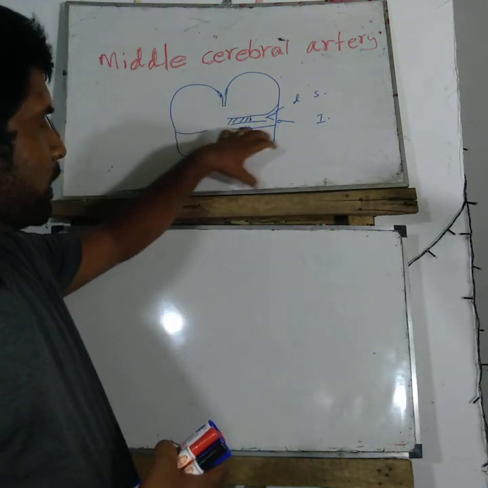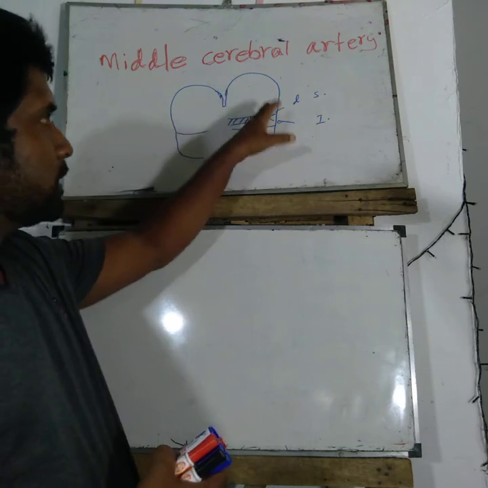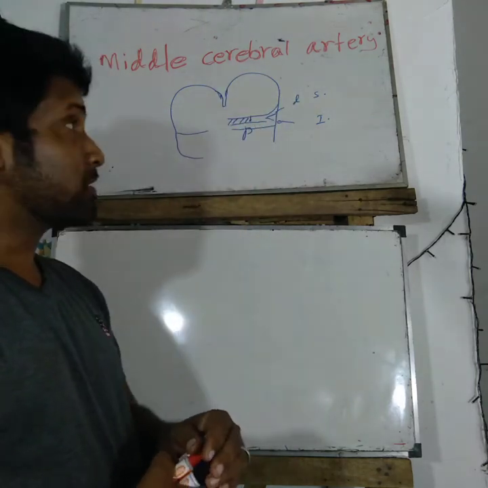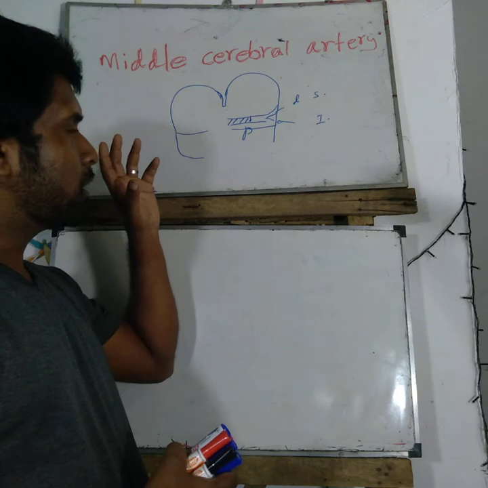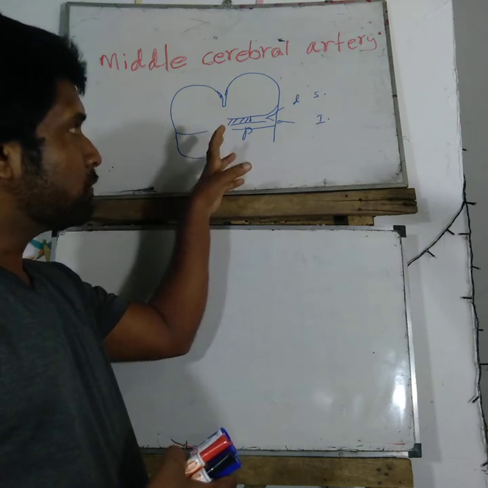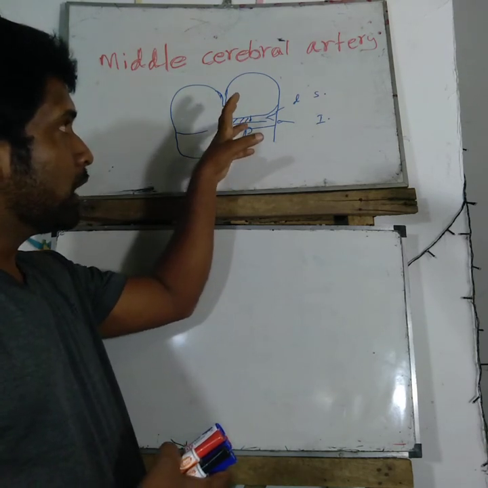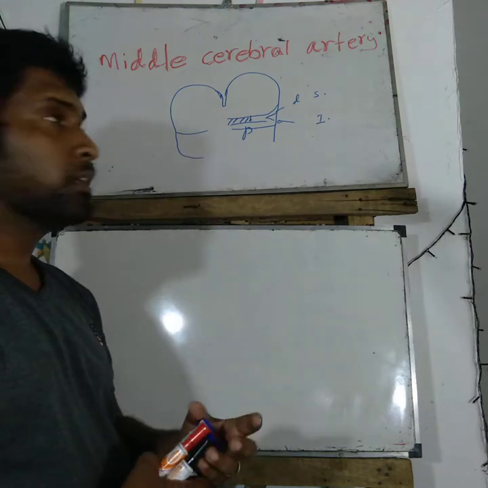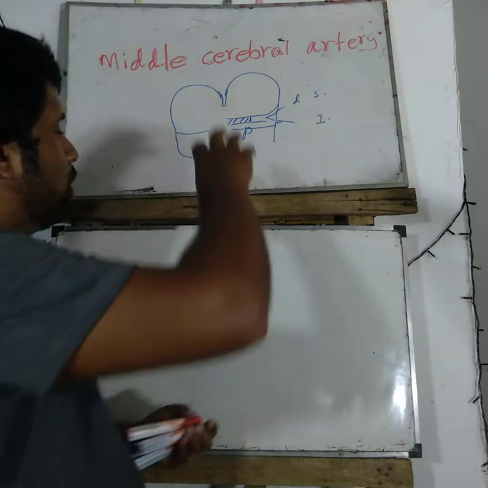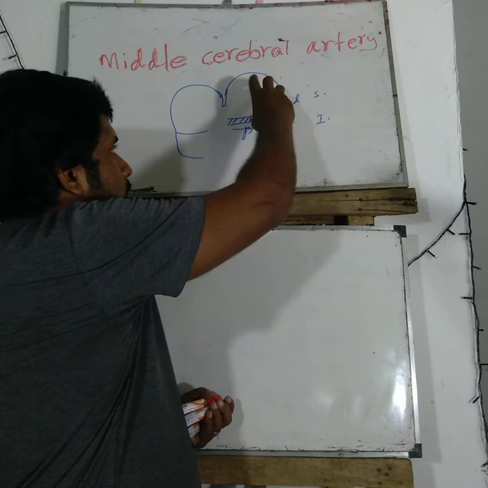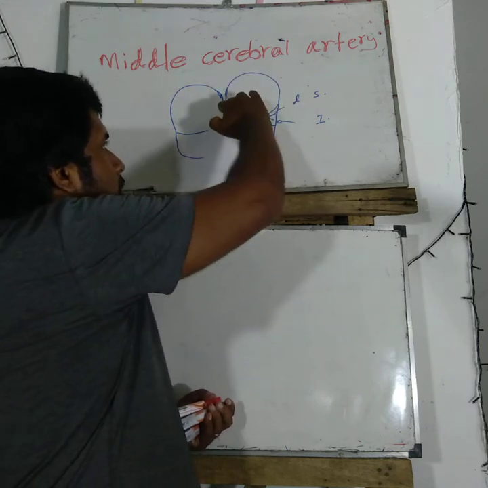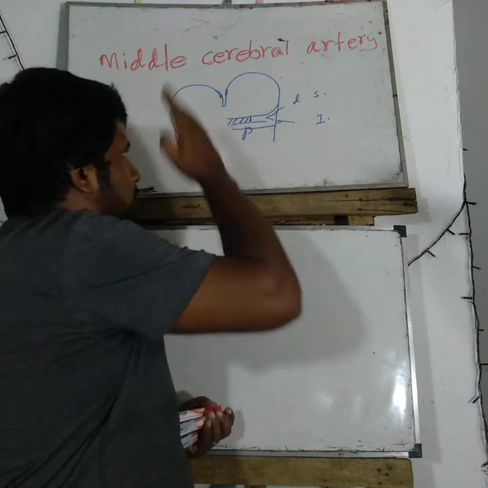The cortex area, mainly the left side cortex area, is compressed by some form of hemorrhage, hemorrhaging inside the skull and cortex area.